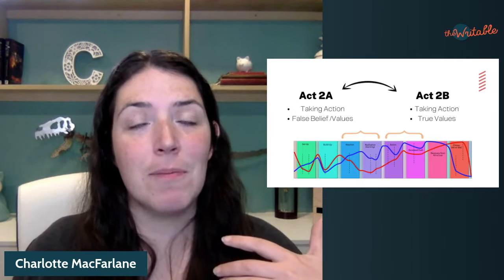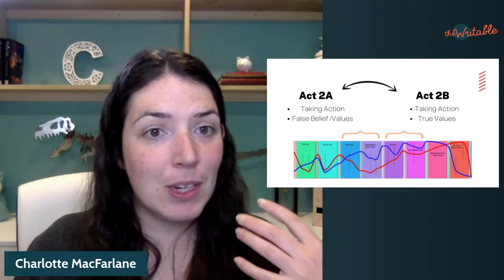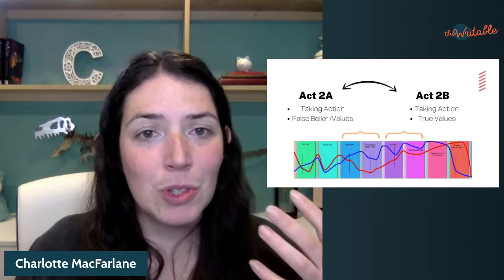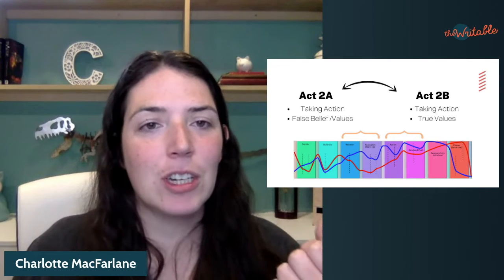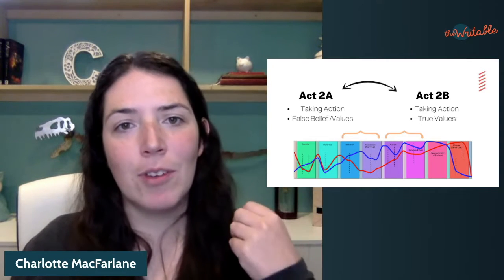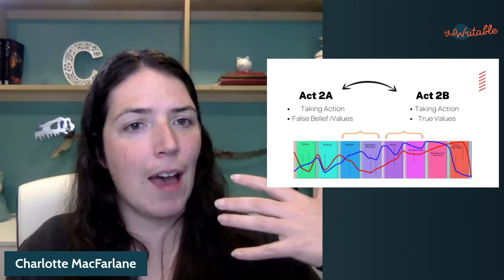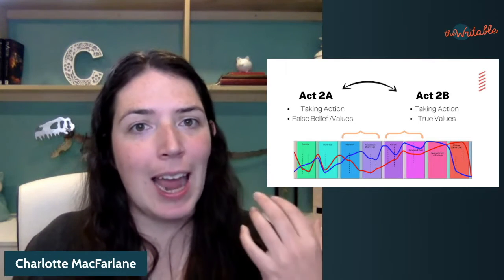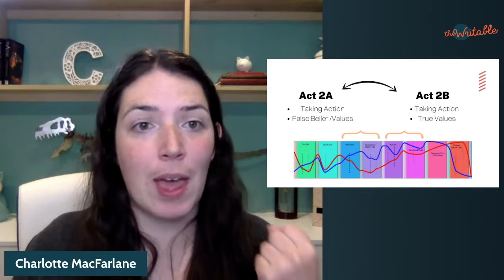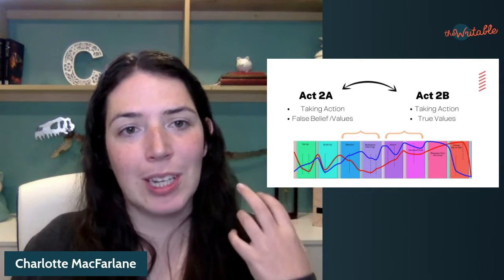Essentially, the things that they've been taught, the things that allow them to survive. They're taking action from these things. They've set the false goal. They have this plan in place.